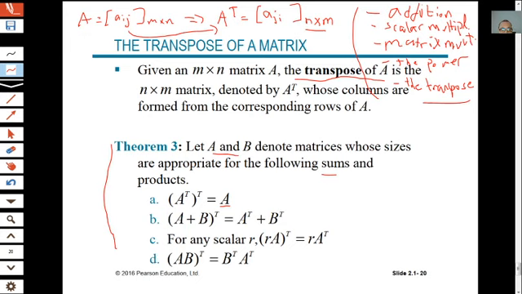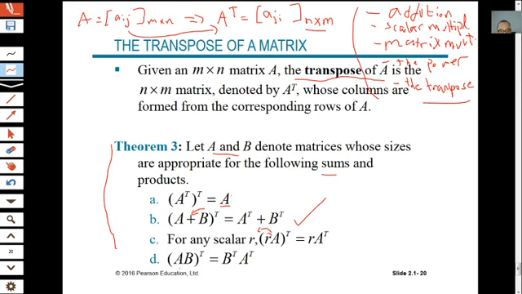And the transpose can be distributed over the sum of 2 matrices. Okay, A plus B transpose is equal to A transpose plus B transpose. For any scalar R, R times A transpose is equal to R times A transpose. Namely, we can write the number outside of the parentheses.